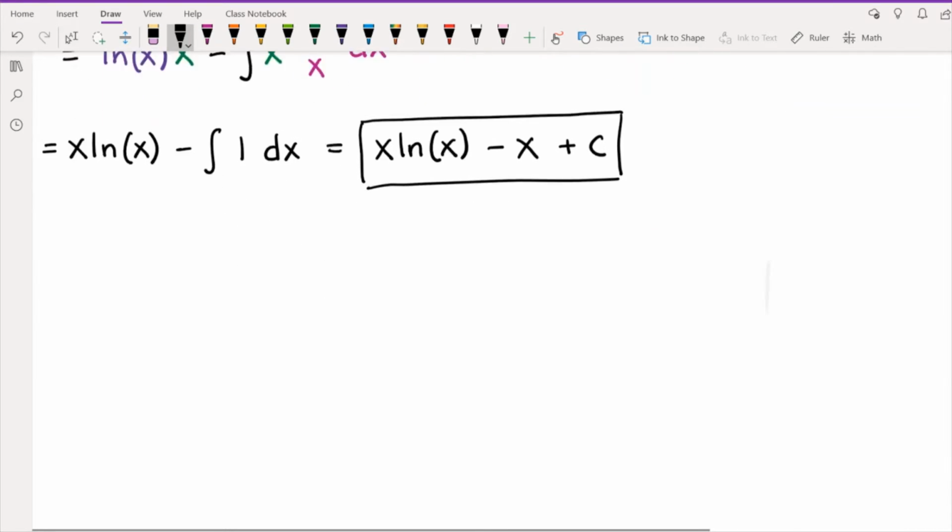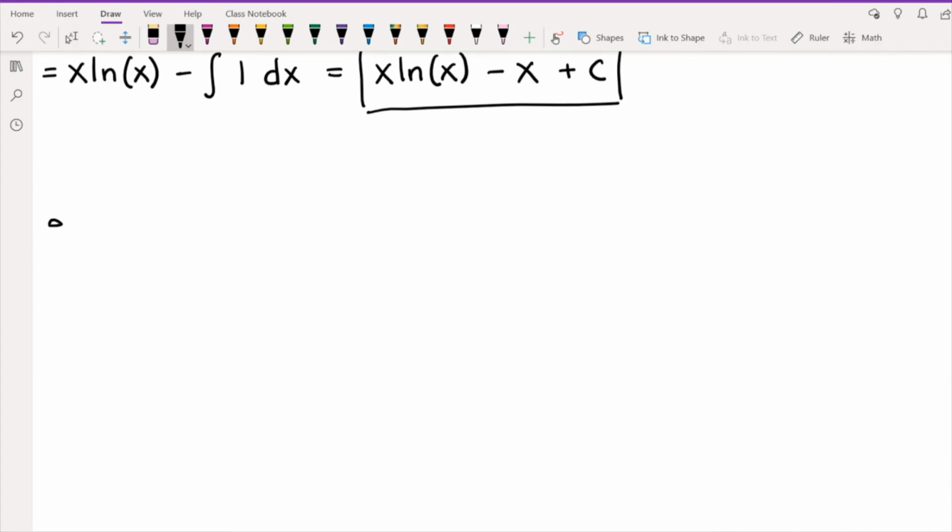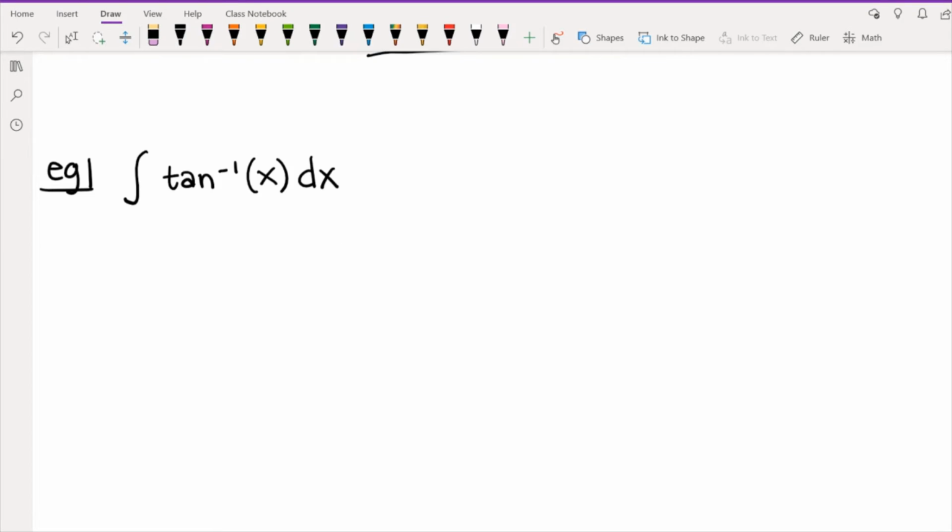Okay, so let's look at another example that's kind of along the same lines. We're going to figure out what the antiderivative of inverse tangent, or arctangent, of x is. So remember, similar to the last one, we don't know what the antiderivative of inverse tangent is, right? So we're forced to choose u to be inverse tangent, because if we chose dv to be inverse tangent, we would have to find the antiderivative, and we don't know what that is yet.